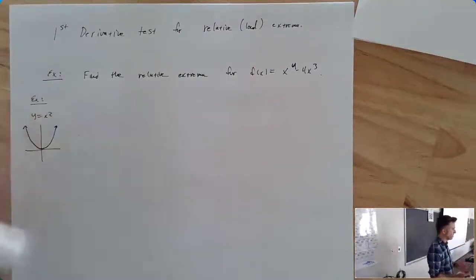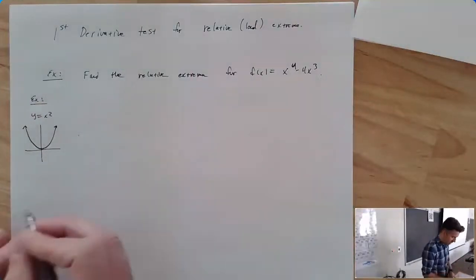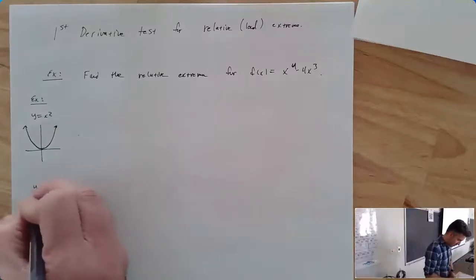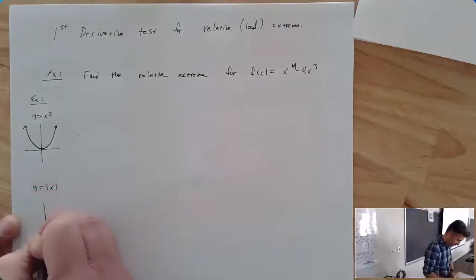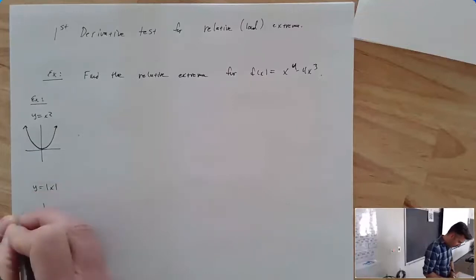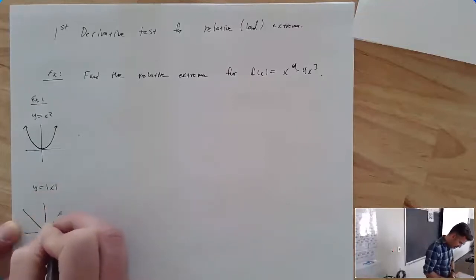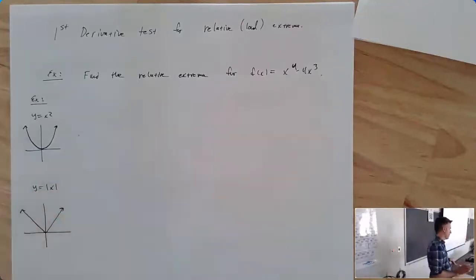It's also an absolute minimum, but it's a relative minimum because it's less than all the stuff around it. Another good example is y equal to the absolute value of x. Both of these functions have relative and absolute minima, but I only care about the one part here. Both of these have relative minima at the origin.